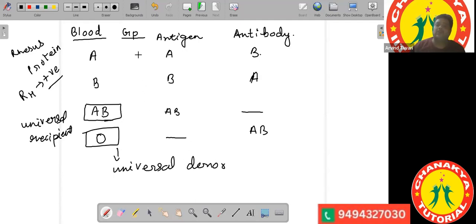If it donates to blood group A, there are no antigens in O, so there is no reaction, and the antibody B is already present in A. Therefore blood from O can be transferred to A, to B also for the similar reason, and to AB. So, understood how blood transfusion occurs, how we can transfer blood from one person to another?